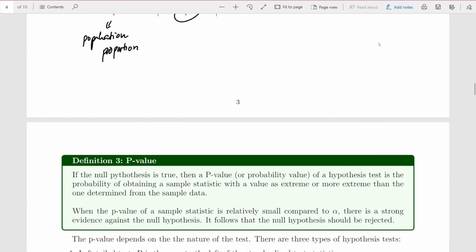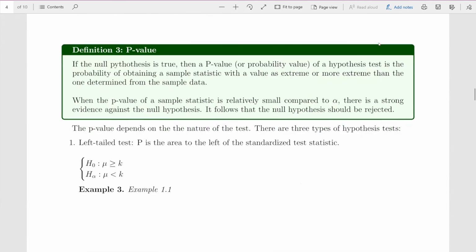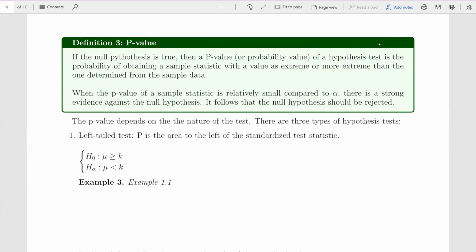All right, and the p-value of your hypothesis testing is the probability that you obtain from a sample statistic with a value as extreme or more extreme than one determined from the sample data. What does that mean?